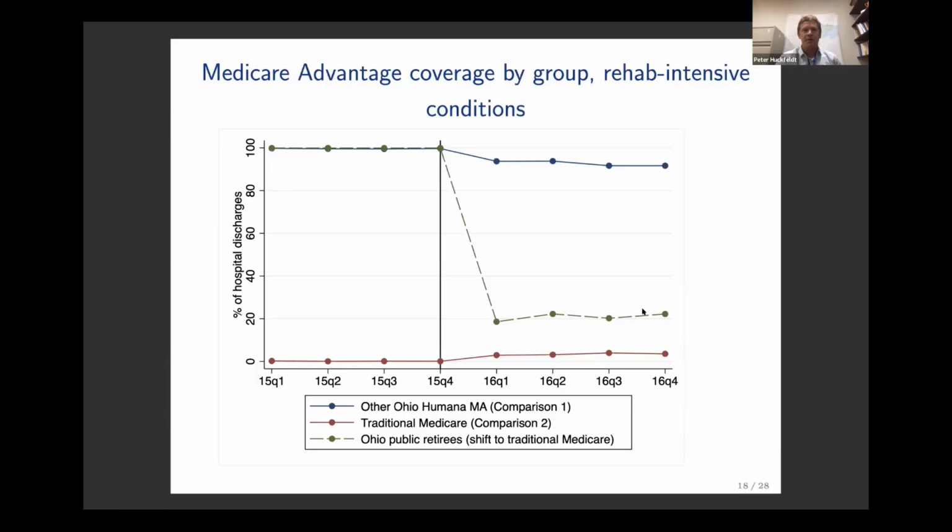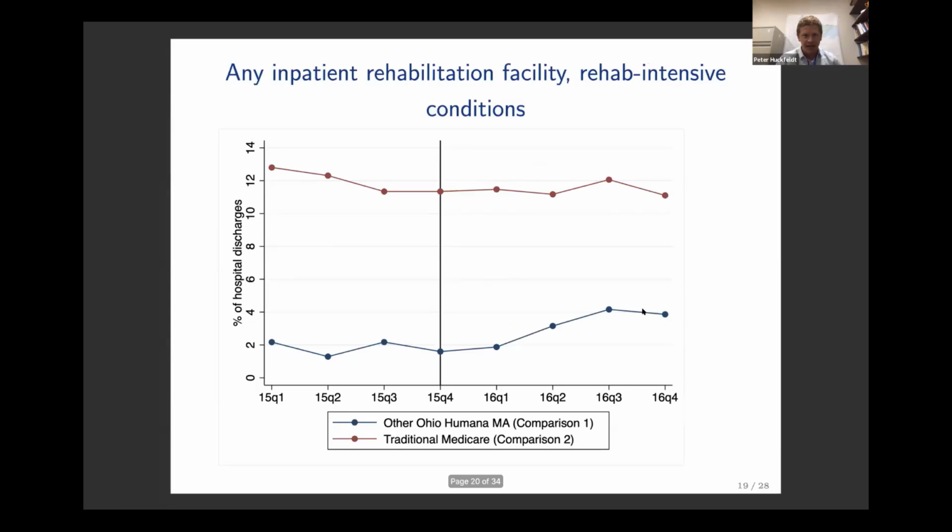Okay, so I just want to walk you through the key finding of our paper here. This plots the percentage of hospitalizations that receive inpatient rehabilitation facility care in 2015 and 2016 and the two main control groups. The blue line includes the Humana Medicare Advantage enrollees in Ohio who aren't public retirees.